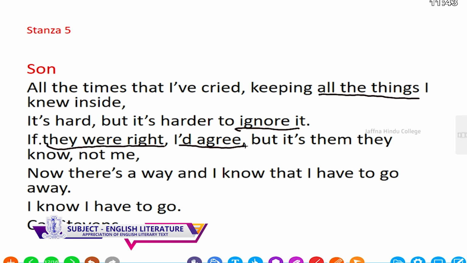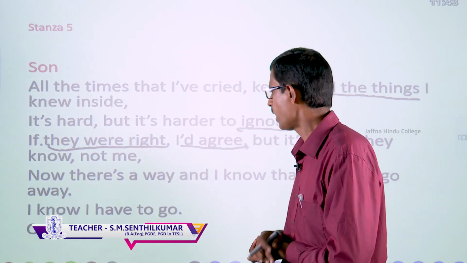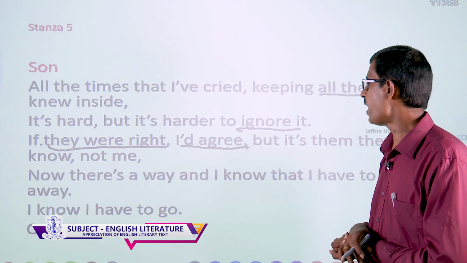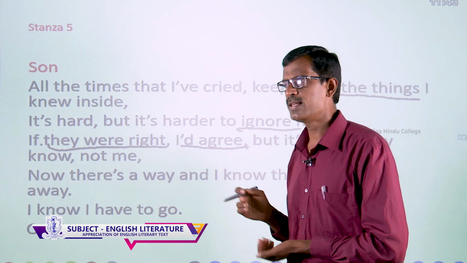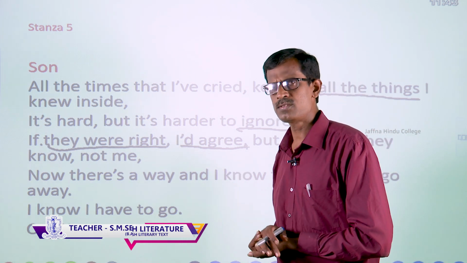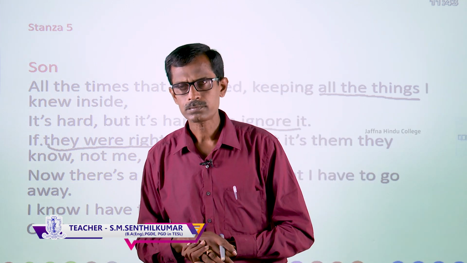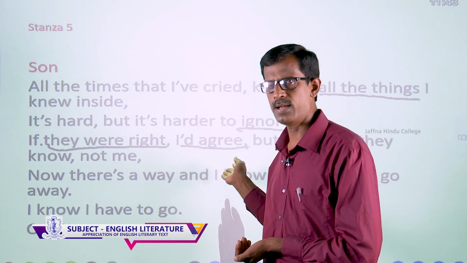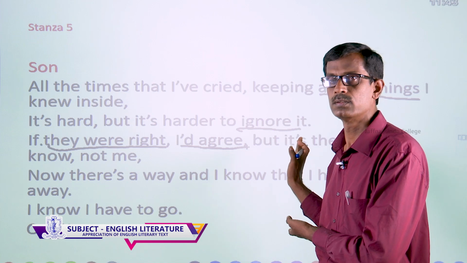What type of sentence is this? An impossible or hypothetical idea: if they were right, I would agree. Here it seems the son does not have an attitude of agreement; he does not agree with them. Have you understood that?